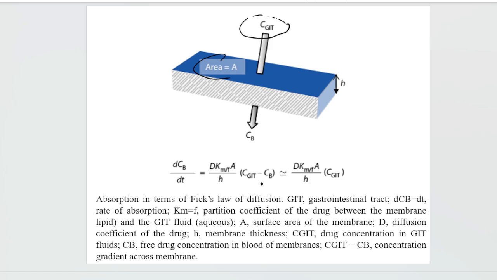So that is almost equal to this, because C_B is around 0 when the process of absorption starts, it is almost 0, so we can neglect the value of C_B.